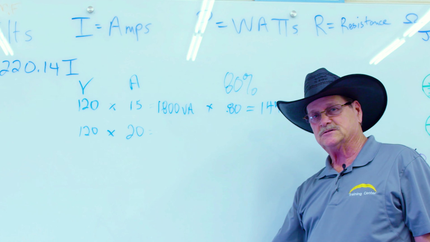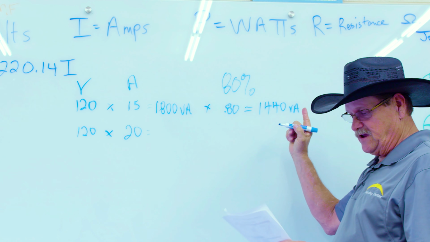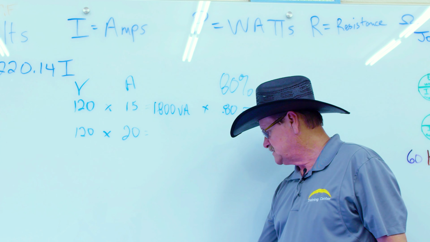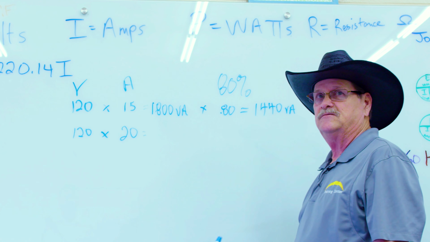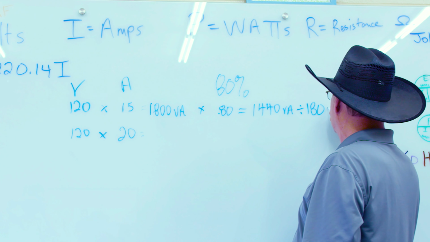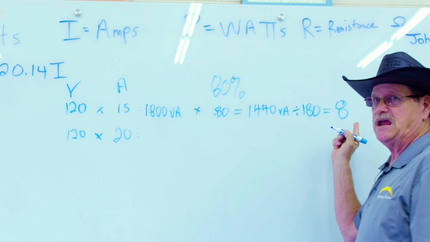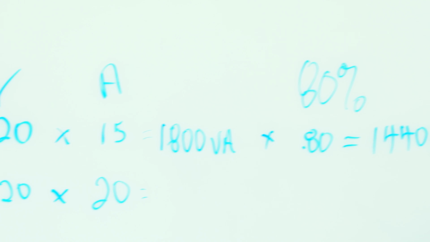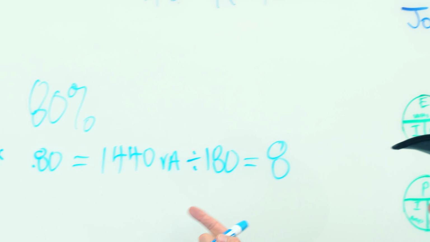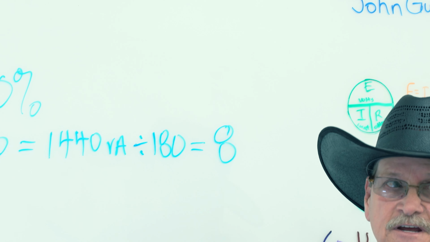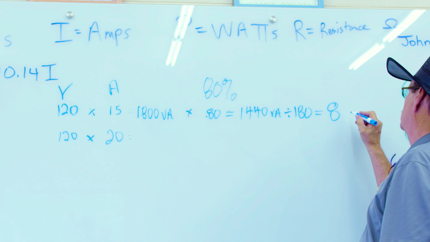How many receptacles can we put on at 1440 VA? Each one of these is worth 180 VA. So you can put 8 15 amp receptacles on a 120 volt 15 amp circuit total.